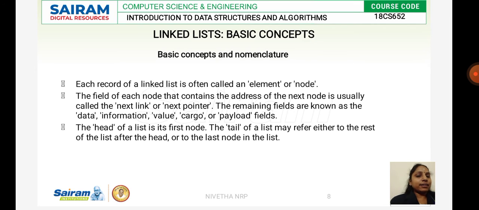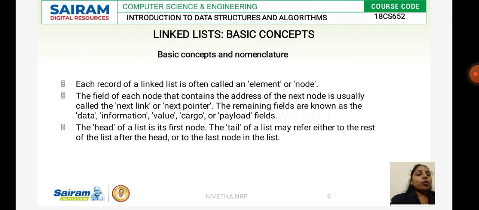And we have the other two nomenclature, that is head and the null. Head is nothing but the starting of a node. Okay, starting of a node we represent as head, so that the computer understands that it is a starting node. How does a computer understand the particular node is a starting node? We have to give an instruction to the computer to make it understand. That is why we use that terminology, head, to represent the first node.